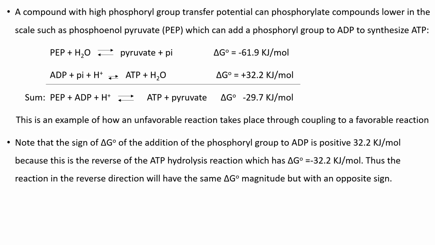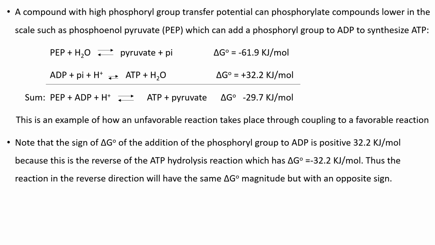And this favored reaction can be coupled to an unfavorable reaction, which is the phosphorylation of ADP. So the phosphate group will be stripped from the phosphoenol pyruvate and added to the ADP to synthesize ATP. The synthesis of ATP is a non-favorable reaction with a plus sign.